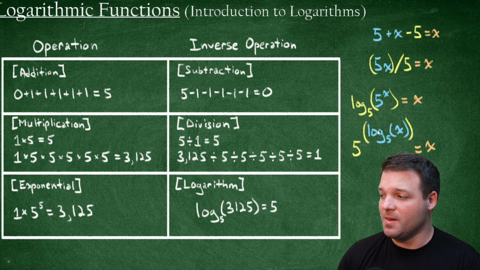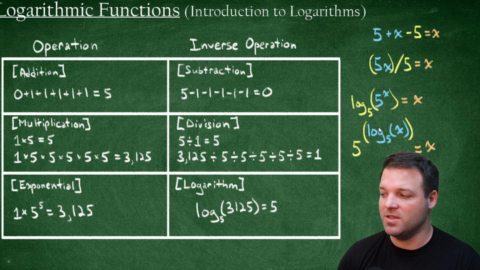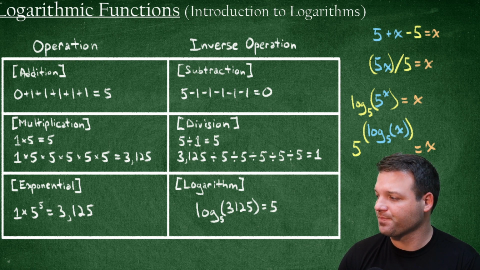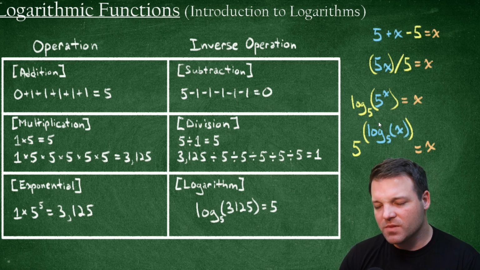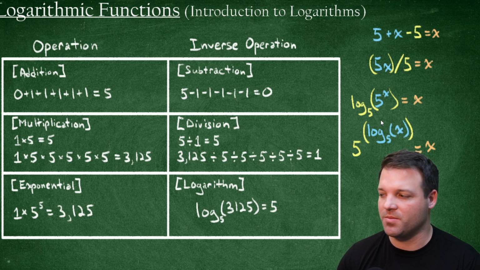Just like up here, where I had log base 5 of 5 to the x, here I have 5 to the log base 5 of x, and again, these are going to cancel each other out and leave you simply with x. And if that's confusing to you, it's okay. In the next lesson, we will go over these properties and show how these work.